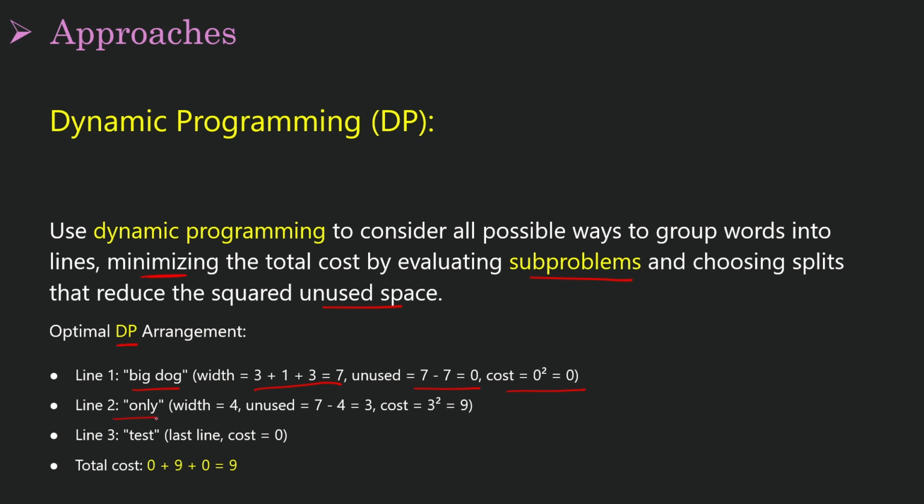Line 2, "only", width equals 4, and unused equals 7 minus 4 equals 3, cost equals 3 squared equals 9. Line 3, "test", last line, cost equals 0. Total cost, 0 plus 9 plus 0 equals 9.